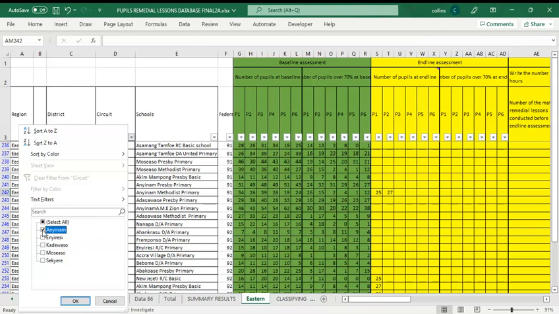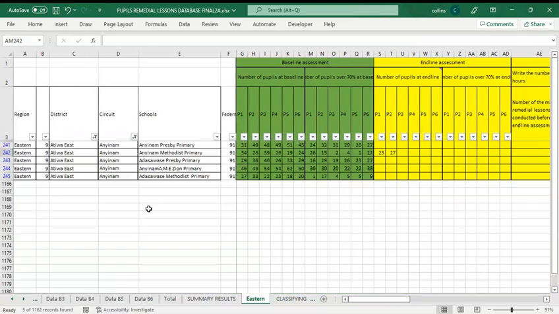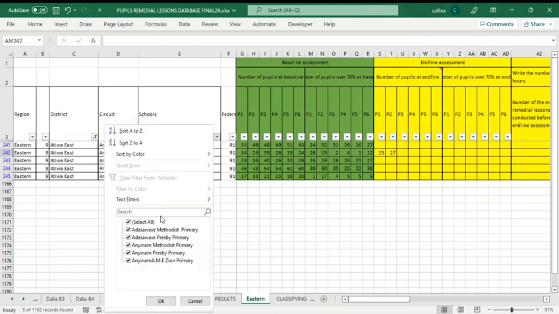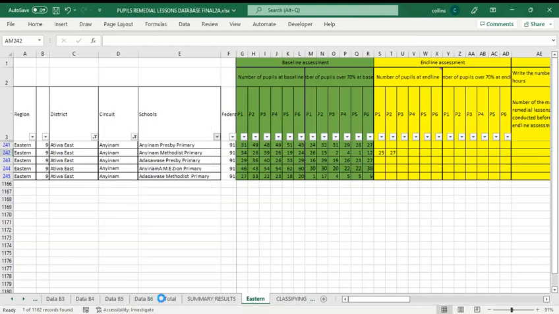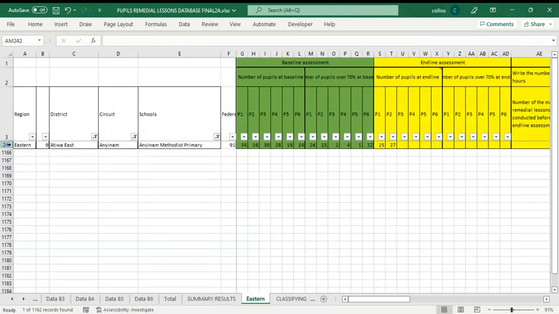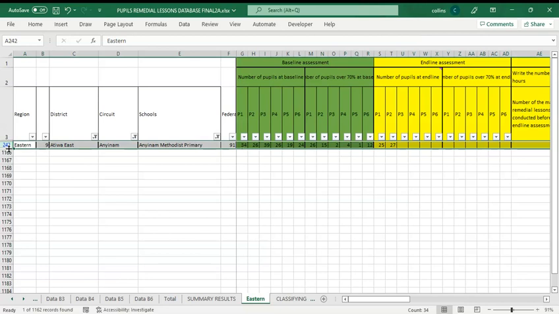Uncheck select all, select Enyinam. Okay, then the list is sorted. You go to the schools, then you identify the school, Enyinam Methodist Primary, voila, it's here. So first of all, deselect all of them like this, then you select Enyinam Methodist, and Enyinam Methodist Primary is here. Good. So you see that we have Enyinam Methodist over here.